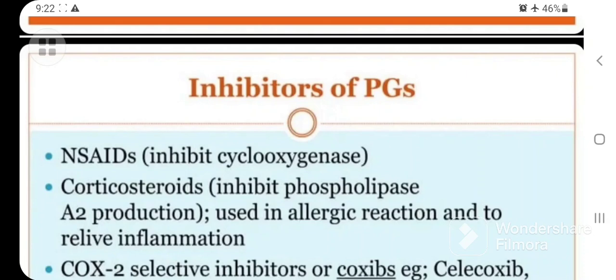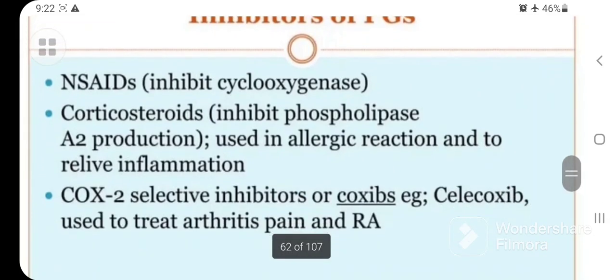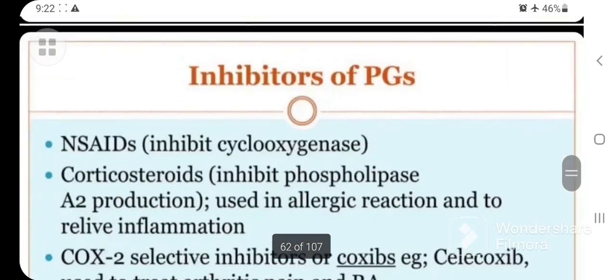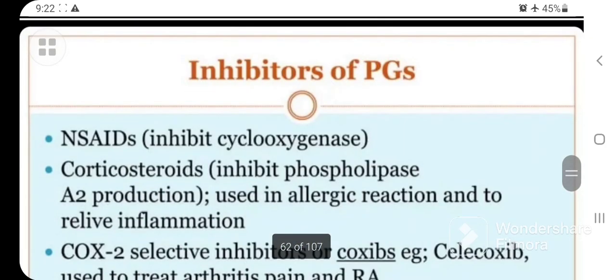Some inhibitors of prostaglandins are NSAIDs, which inhibit cyclooxygenase. There are also corticosteroids and COX-2 selective inhibitors, such as celecoxib, used to treat arthritis pain and rheumatoid arthritis. These are some of the pharmacology of prostaglandin.